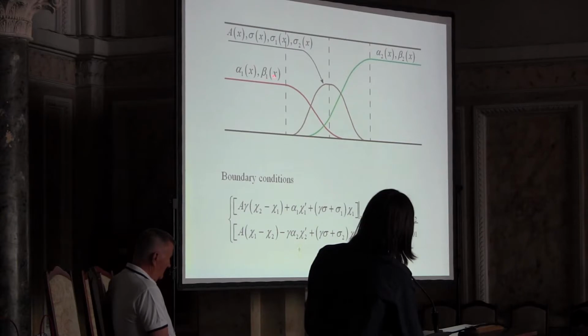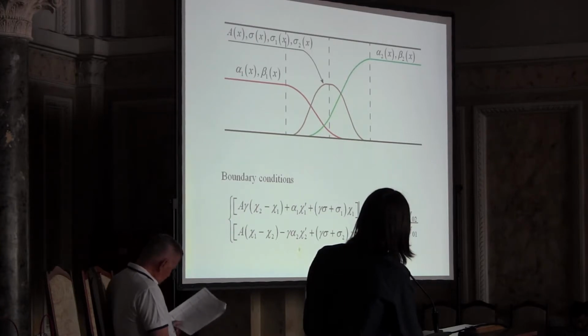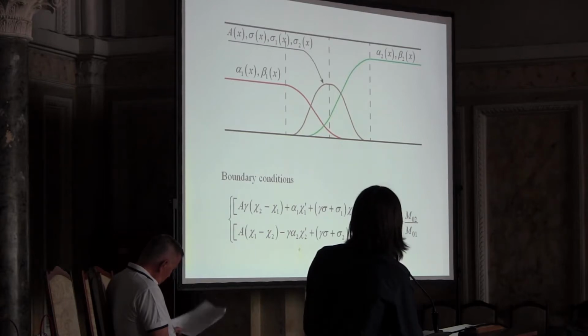On this graph you can see how these parameters change with the x coordinate. You can see the interface, and you can see that at the interface the parameter is constant, and the same for the mediums, whose parameters are constant within each medium.